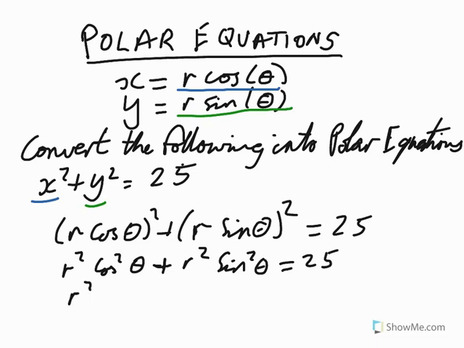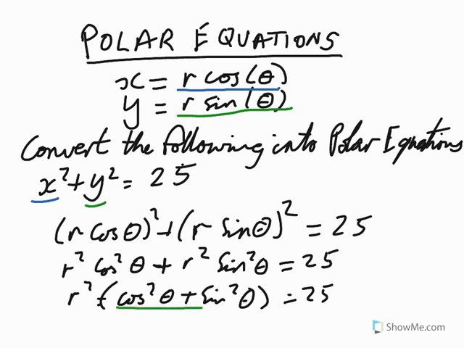So r squared, of course, comes out as a common factor, leaving you with cos squared theta plus sin squared theta equals 25. And of course, cos squared theta plus sin squared theta equals 1. So what we have then is r squared equals 25, which then leads us to say that r equals 5.